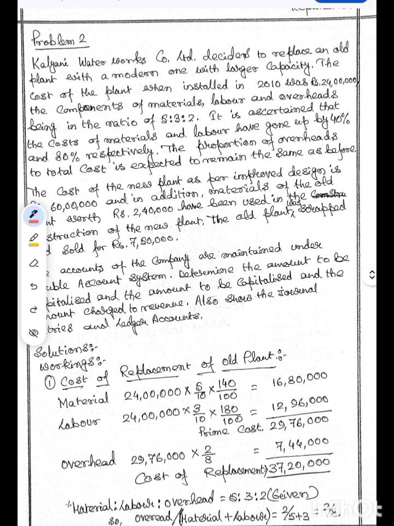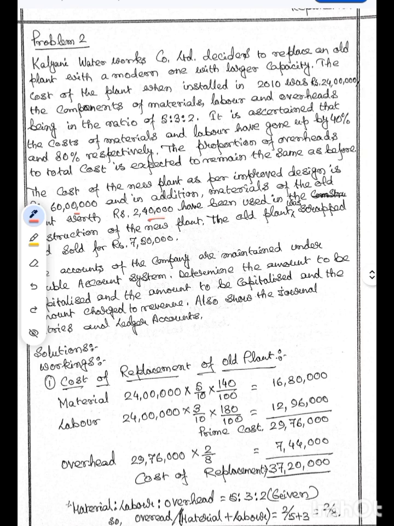The cost of the new plant with improved design is 60 lakhs, and in addition materials of the old plant of 2,40,000 have been used in the reconstruction of the new plant.